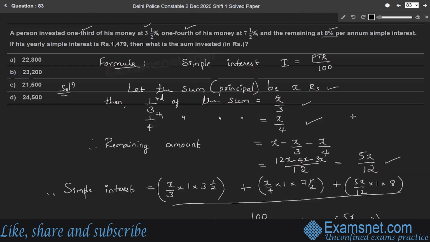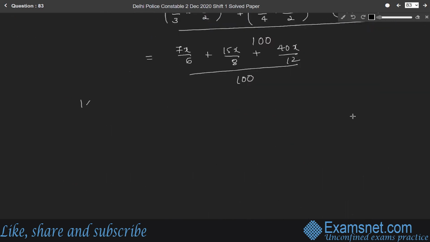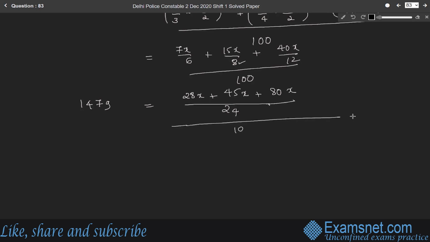So according to the question, his yearly simple interest is 1479, therefore 1479 is equal to, so LCM of 6, 8 and 12 is 24. So here 6 into 4 is 24. So 28X plus 8 into 3 is 24. Hence it is 15 into 3, 45X. 12 into 2 is 24. Hence it is 40 into 2. That is 80X divided by 24, whole divided by 100.